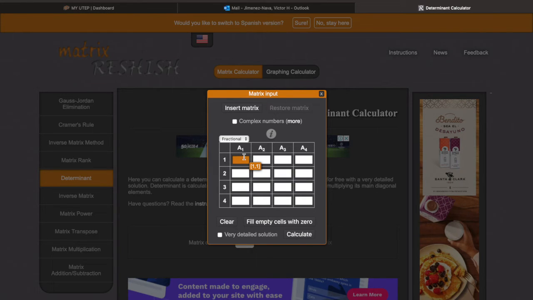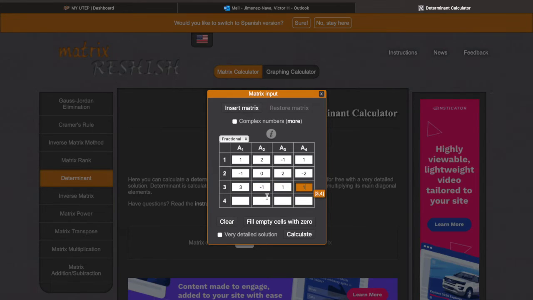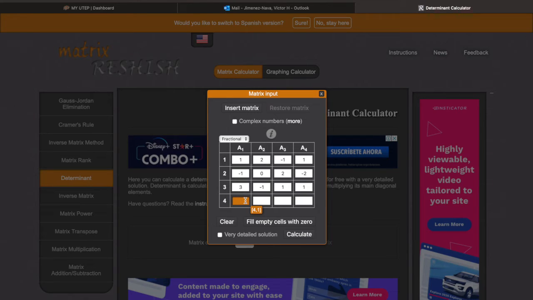We have 1, 2, negative 1, 1; 1, 2, negative 1, and 1; negative 1, 0, 0, 2, and negative 2; 3, negative 1, 1, and 1; 2, 0, negative 1, and 2.